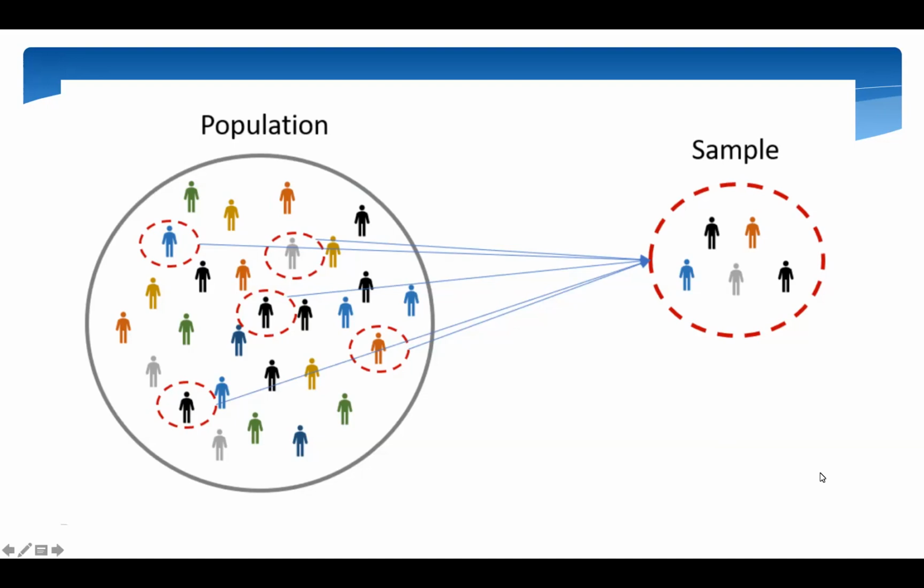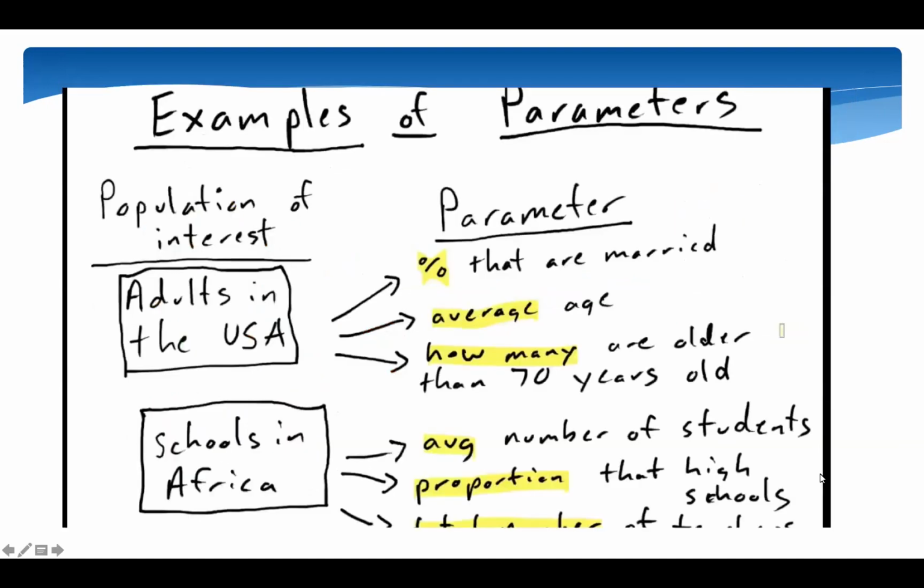Next slide. So when you say parameter, what does that word mean? It just means the characteristics that we are looking for in the population. For example, over here, the population of interest is adults in USA. That is the entire population. What we want to know about the population is a parameter.